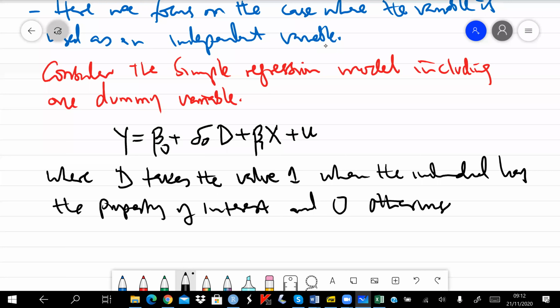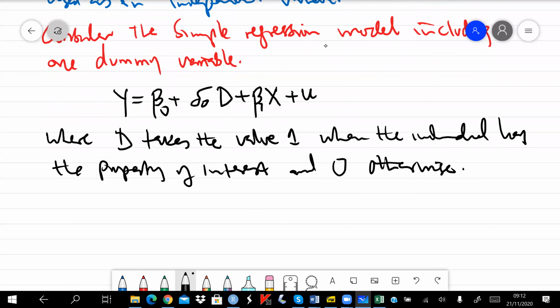That is, if the person does not have the property of interest. This is how you usually denote it: D takes the value 1 if yes, and 0 otherwise.